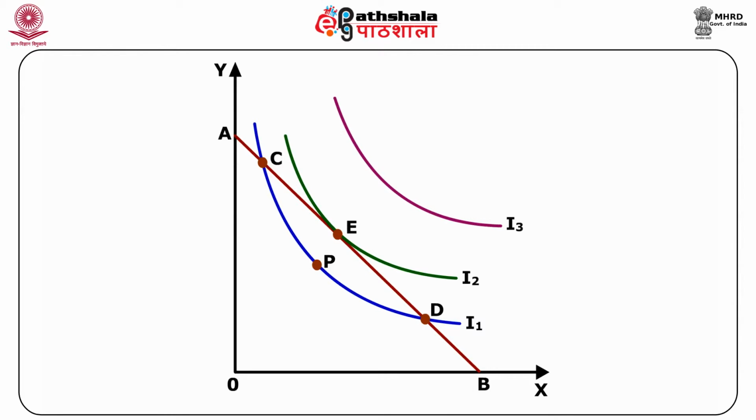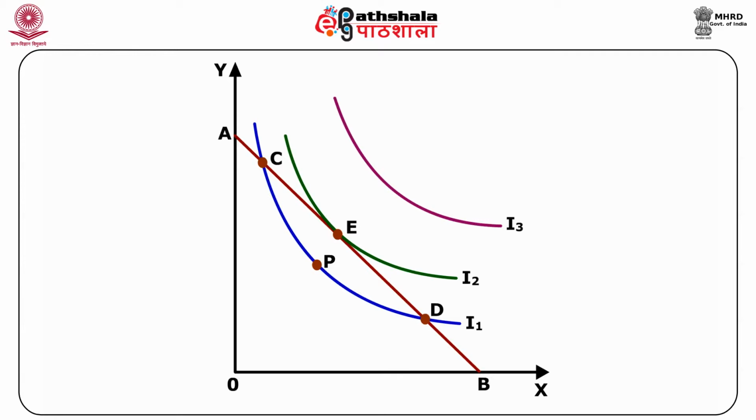Now, consider the points C, D and E on the budget line AB of the consumer. Point C and D will not provide the highest possible satisfaction since these points lie on the lowest indifference curve I1, and the consumer can move to the higher indifference curve I2 by choosing point E on the budget line AB.